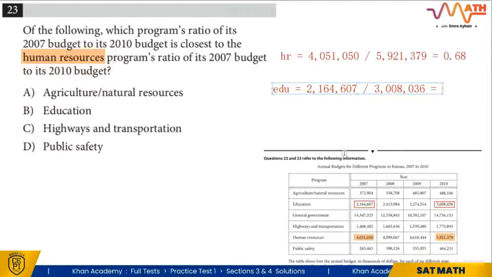What will that give us? Let's use the calculator. Okay, divided by 3,008,036. It is like 0.72.